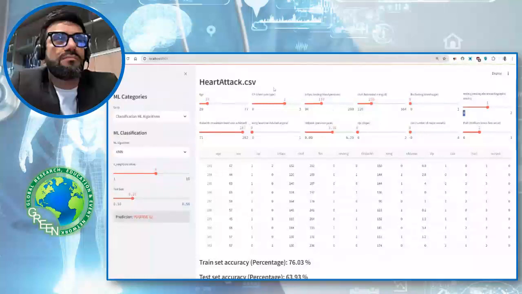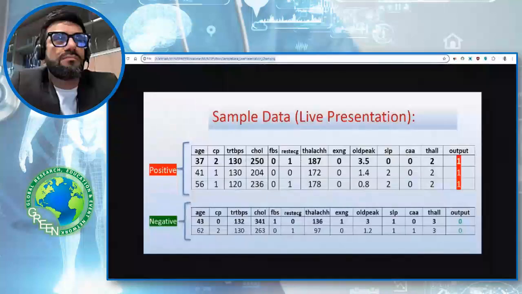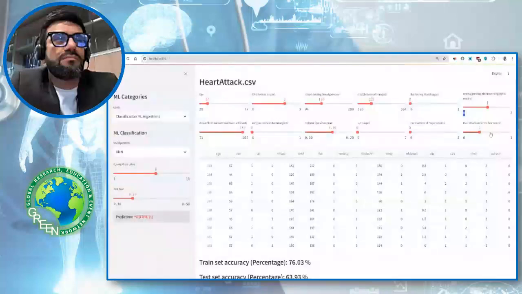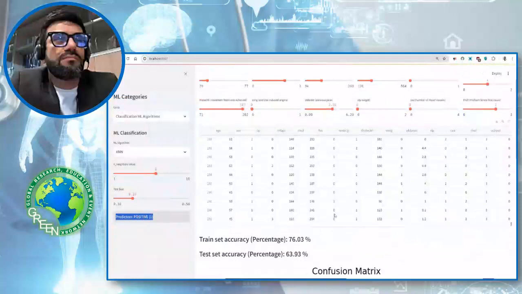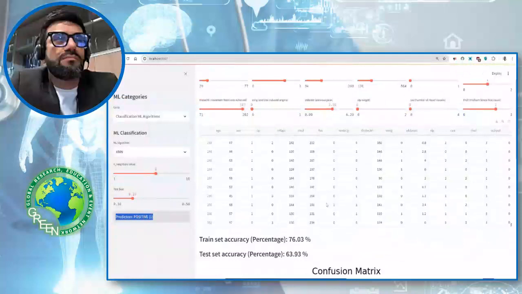CAA is 0. And THAL is 2, so we increase it to 2. As you can see, this is the prediction of machine learning. So the accuracy is completely 100% because we have trained this machine learning with more than 300 rows of valid data.